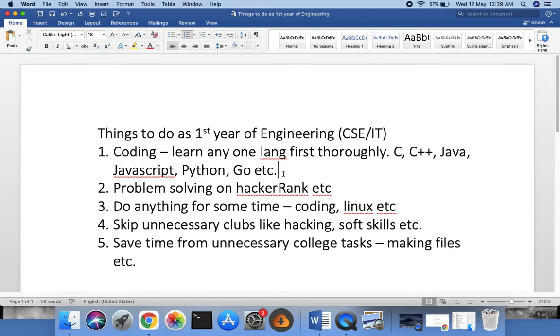In these 9 years I have learned something, and I'm telling you this from my experience only. I hope after you are done with engineering, you will feel the benefit of sticking to a particular language. This is all I wanted to say about the first point.